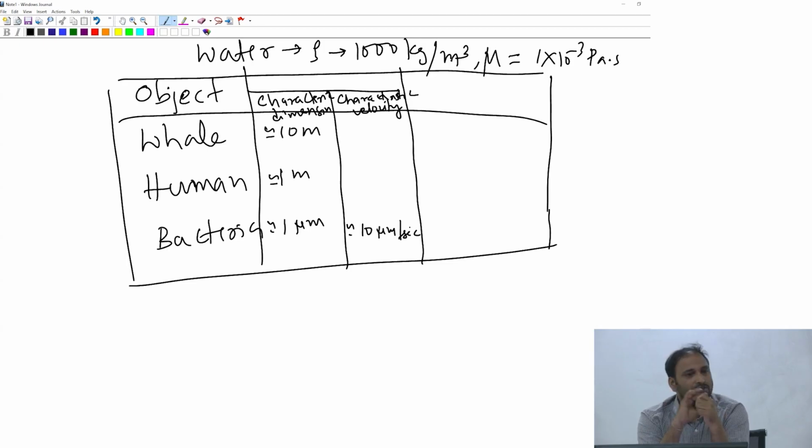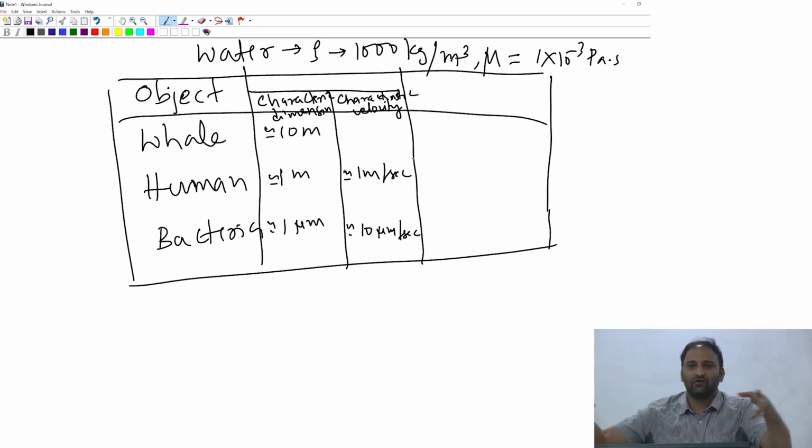What about humans? It depends from person to person. If somebody is a great swimmer, they will go a little faster. Typically it's going to be something like 1 meter per second. You can swim the length of your body in about a second. What about a whale? Similar dimension, so it's going to be something like 10 meter per second.